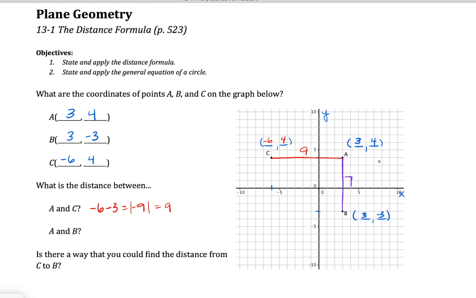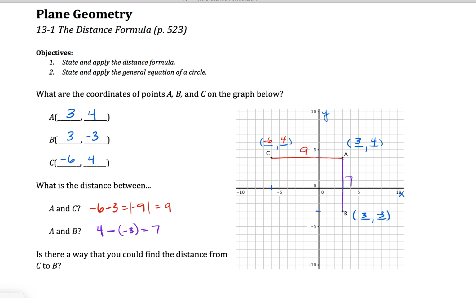Or mathematically, I can look at their y-coordinates and find the difference between a y-coordinate of 4 for A and a y-coordinate of negative 3 for B. So 4 minus negative 3 gives me 7. And since that's already a positive number, I don't worry about taking the absolute value of it, right? So the distance from A to C is 9, and the distance from A to B is 7.